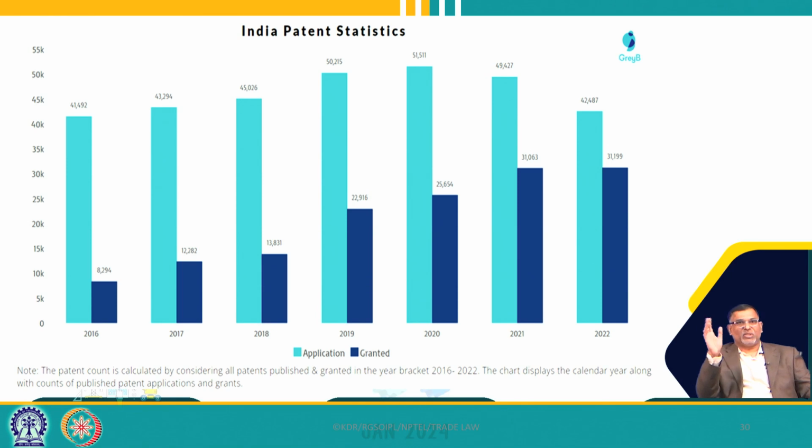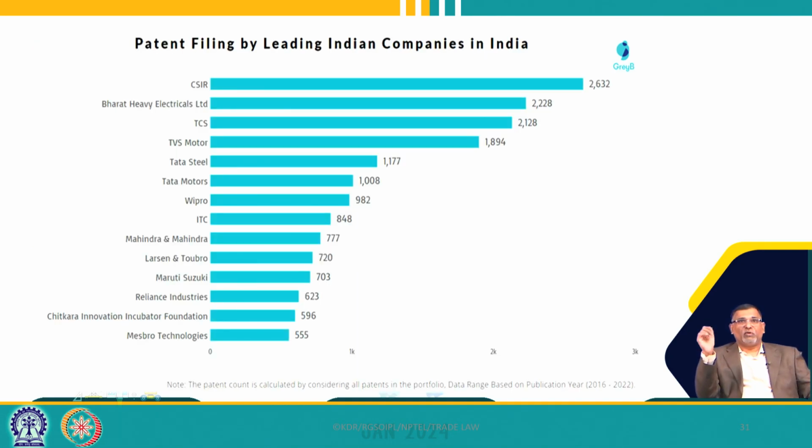So, the patent statistics for India are not very encouraging. The number of applications filed is not very encouraging. Looking at the filings in India, which companies or institutions file patents in a single year? For the same period from 2016 to 22, the data says that CSIR, a single government of India institution, is number 1. The second is also a government of India institution, the public limited company Bharat Heavy Electricals.